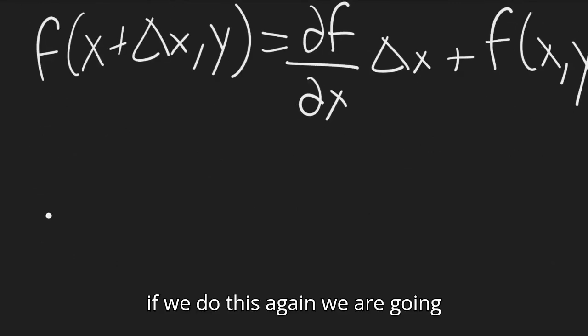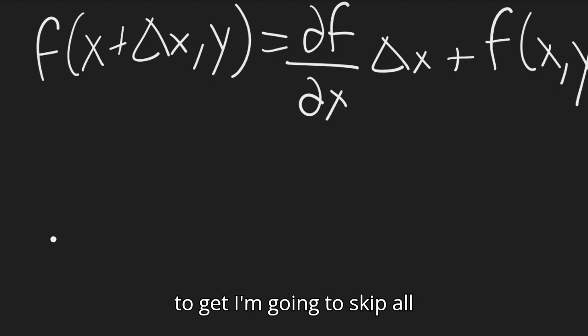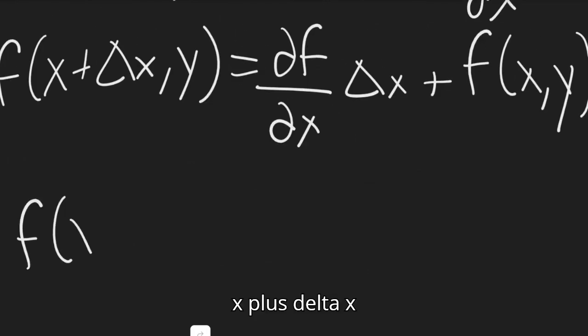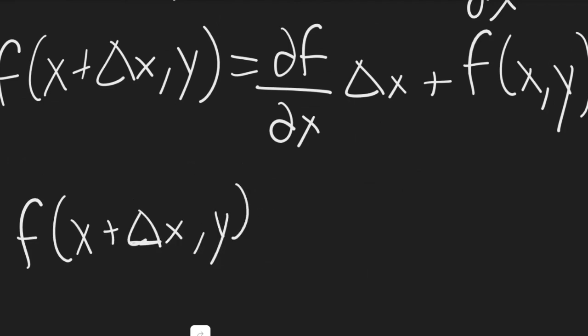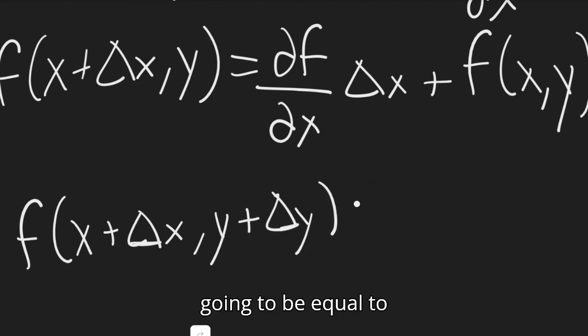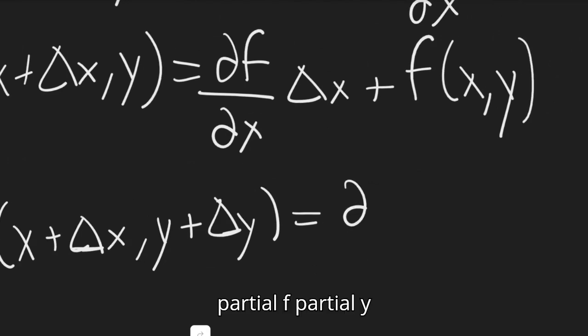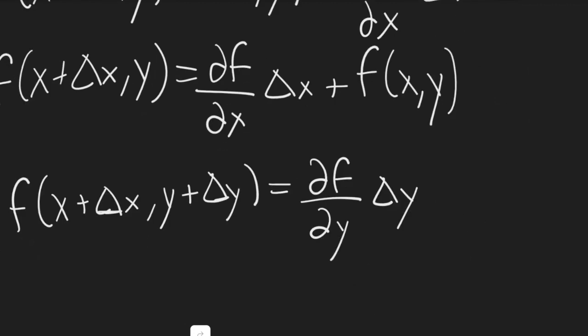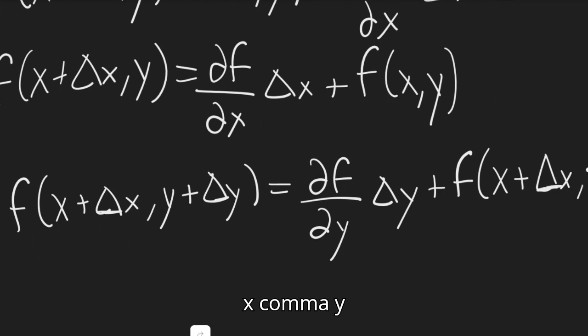If we do this again, I'm going to skip all the process we did here, but basically we're going to get f of x plus delta x, comma y plus delta y, is equal to partial f partial y delta y plus f of x plus delta x, comma y.